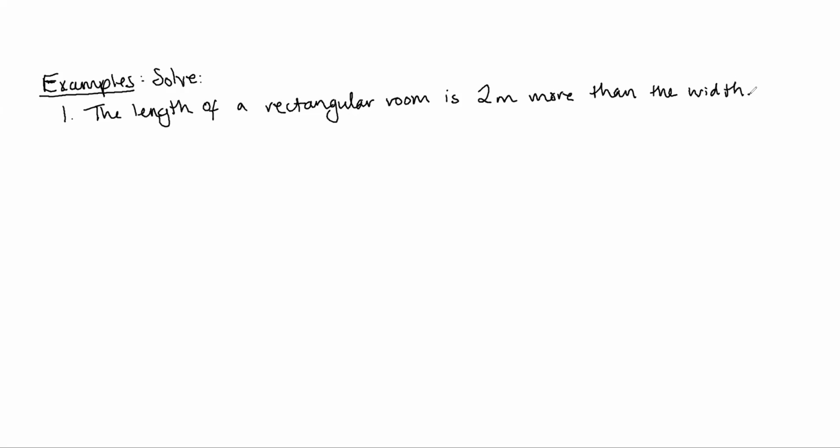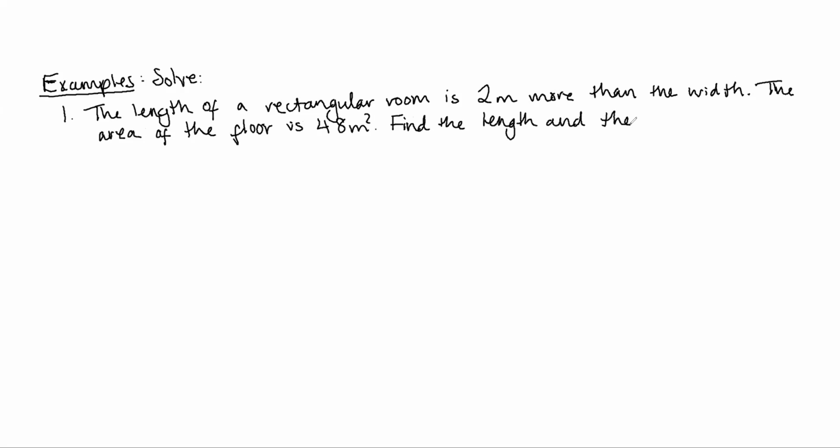The area of the floor is 48 meters squared. Find the length and the width. So we're looking for two different things here of the room.